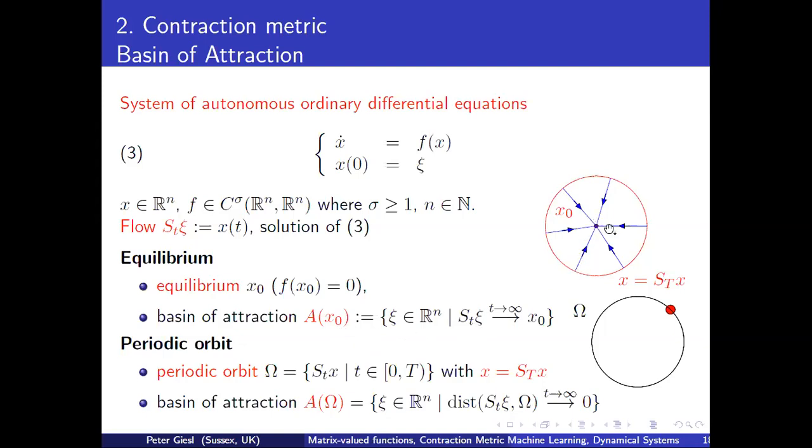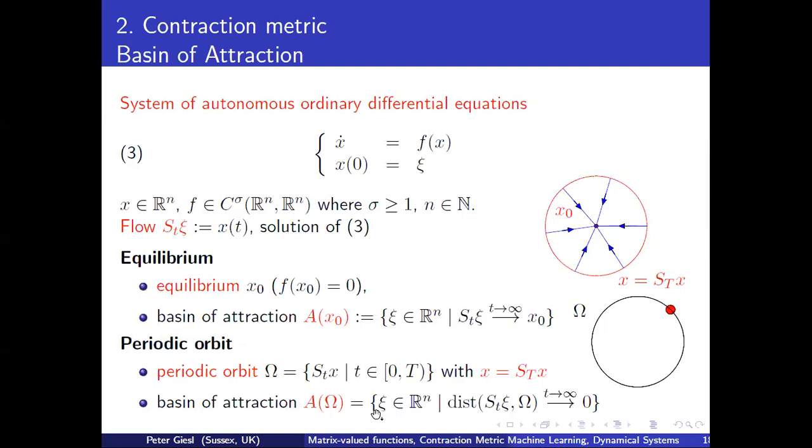It's relatively easy to find equilibria just by at least numerically solving this equation here. It's a lot more difficult to find the basin of attraction because we really would need to find solutions or approximate solutions here. Another special solution obviously are periodic orbits, solutions where you start at x and after time capital T you come back to the point x.